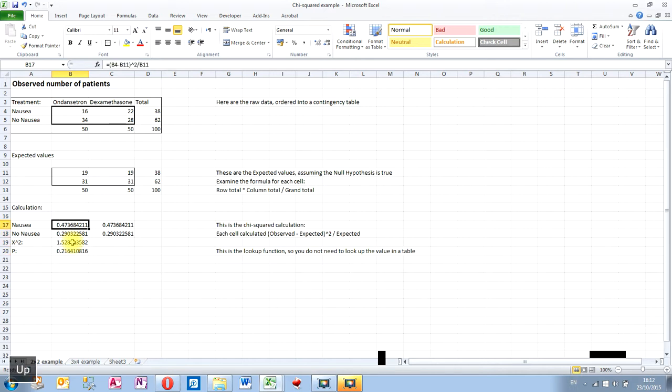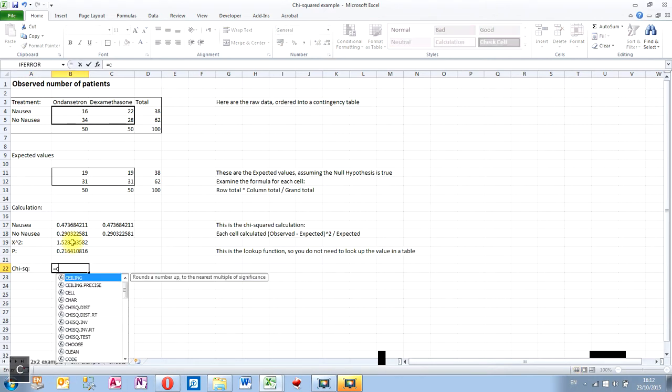If I can't remember this formula, well, Excel will do it for me. All I need to do is type in this formula, which is CHISQ.TEST. There it is, CHISQ.TEST.